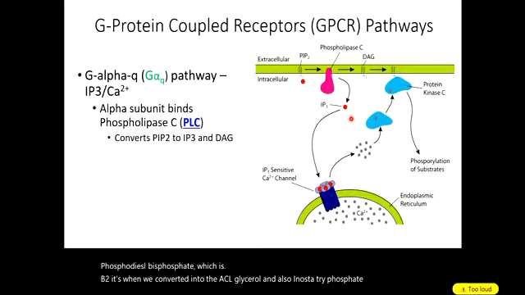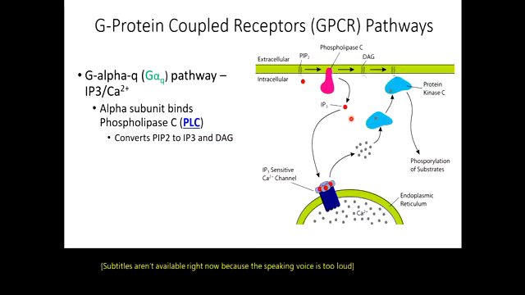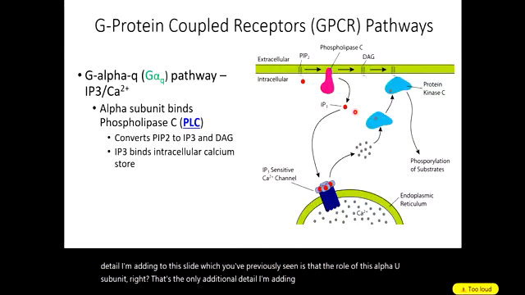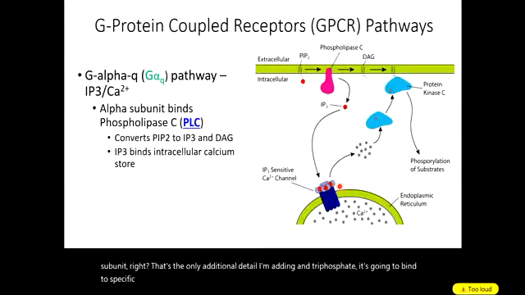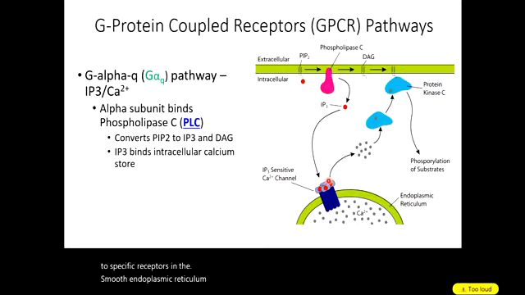So the only detail I'm adding to this slide, which you've previously seen, is the role of this alpha Q subunit. Right? That's the only additional detail I'm adding. And inositol triphosphate is going to bind to specific receptors in the smooth endoplasmic reticulum, and as a result, calcium is released into the cytosol.